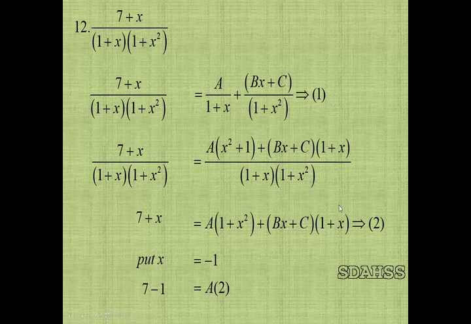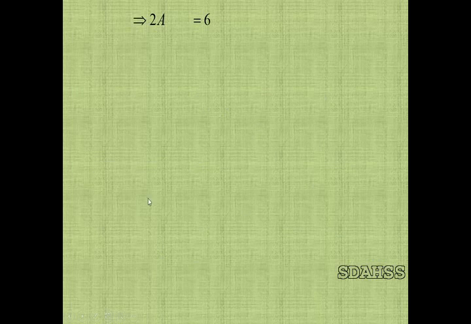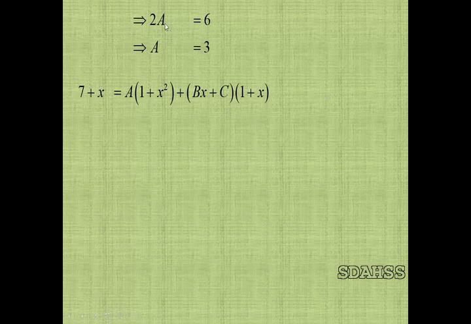This term fully vanishes, because if you substitute x is equal to minus 1 here, this becomes 0. So remaining 7 minus 1 is equal to A into 2. 7 minus 1 means 6, 6 is equal to 2A. So A is equal to 3.